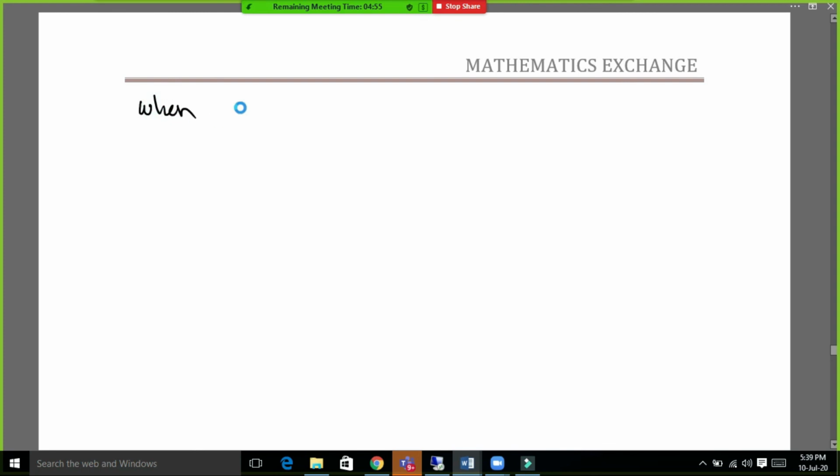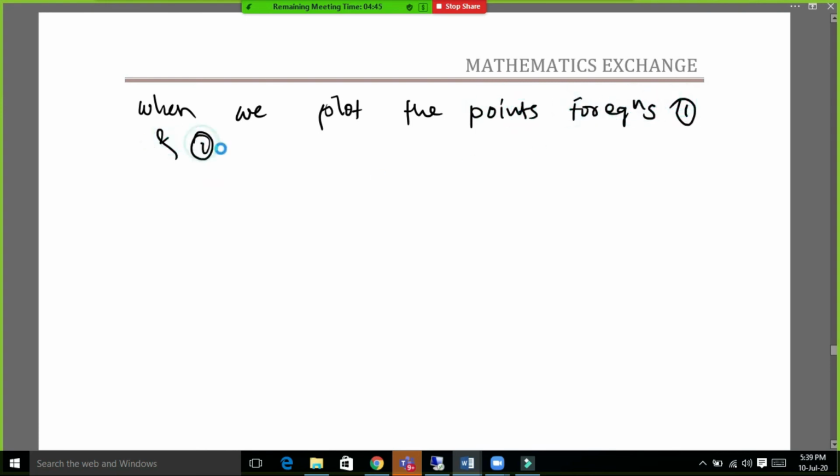When we plot the points for equations 1 and 2, we get the graph as shown above.